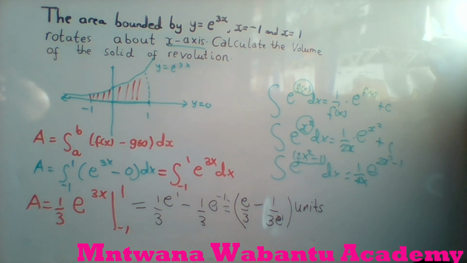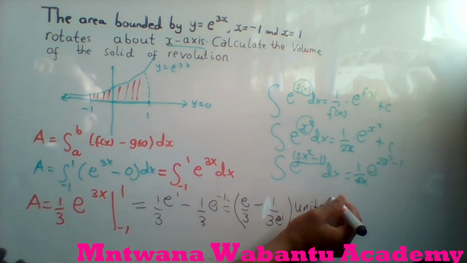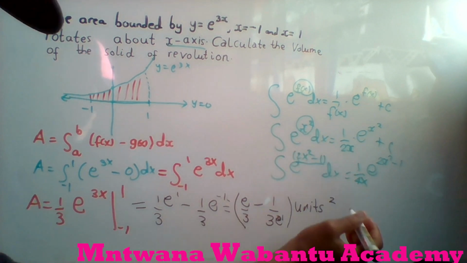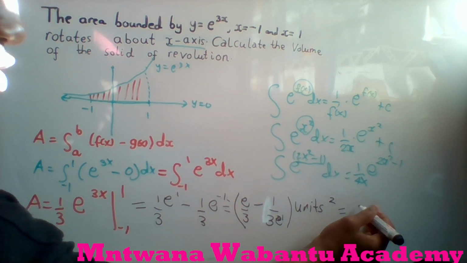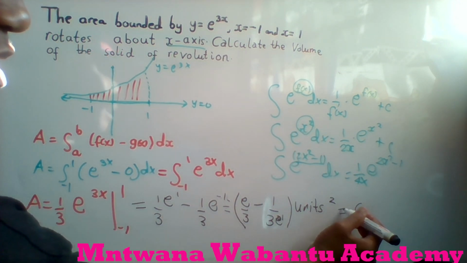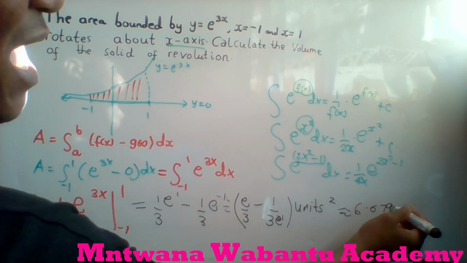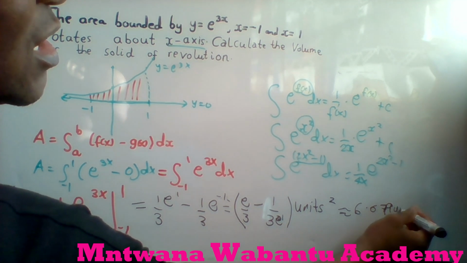But for now, we don't know whether centimeter or kilometer. That's why I call it unit square or square unit. Either way, unit square or square unit. So finally, if I plug this in a calculator, it is going to give me an approximation of 6.679 unit square.